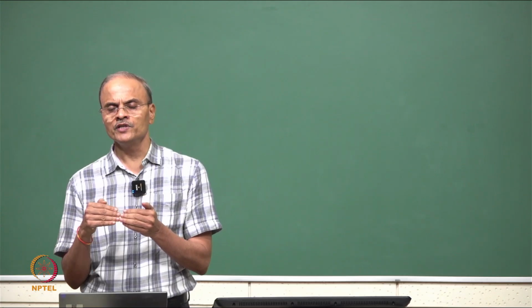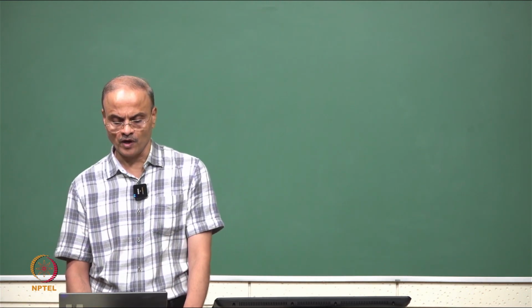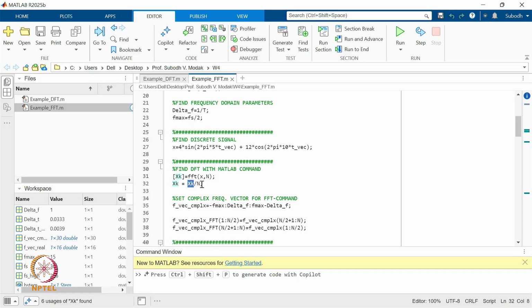So we need to estimate the correct value of the components by dividing xk by n. It gives xk with a multiplication factor n, so we divide it by n in order to get the correct values of the magnitude of the components. This is also an important step. So we get xk equal to xk by n.